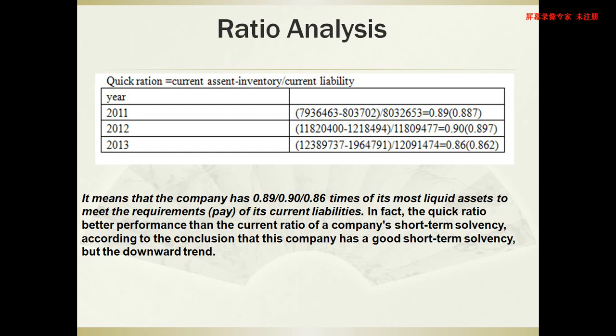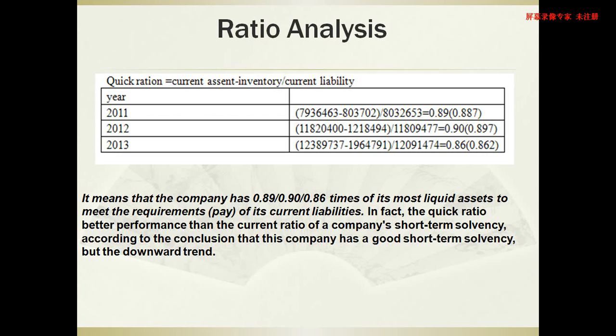Now it's the quick ratio. As we can see, the quick ratio fluctuated a little bit. In 2011 it was 0.89, and in 2012 it increased to 0.9, but in 2013 it dropped to 0.84.